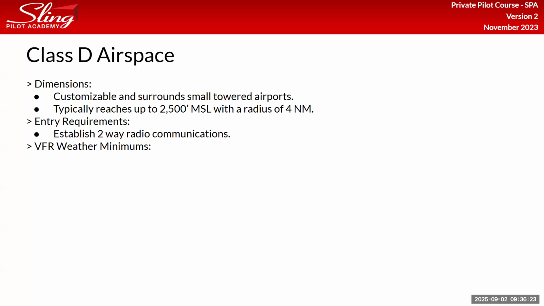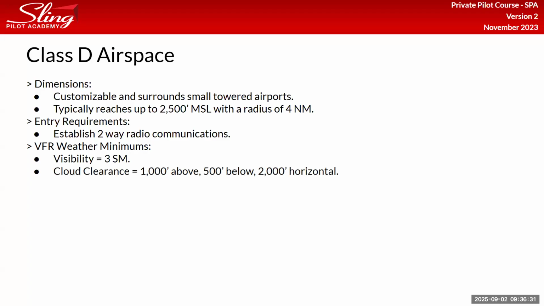So the only requirement for Class Delta is two-way radio communications with the controlling tower. The minimums are 3 statute miles visibility and 152. 1,000 above, 500 below, 2,000 horizontal. Okay? We got that.